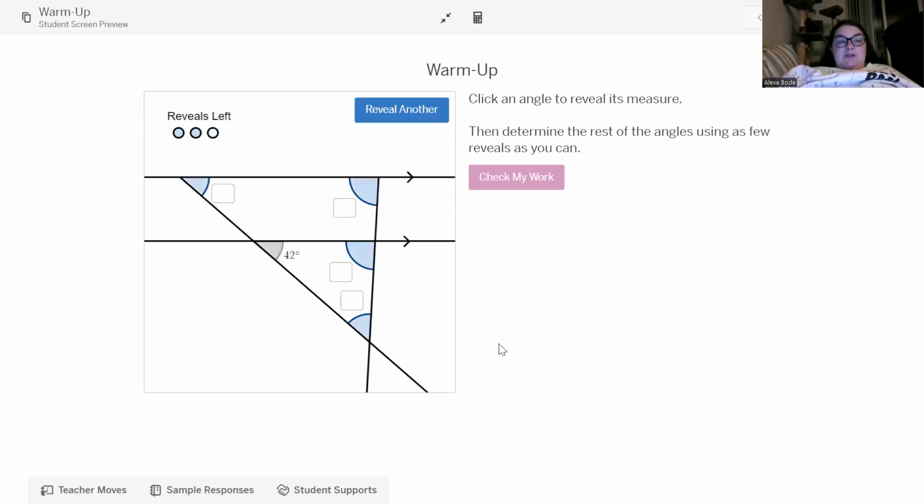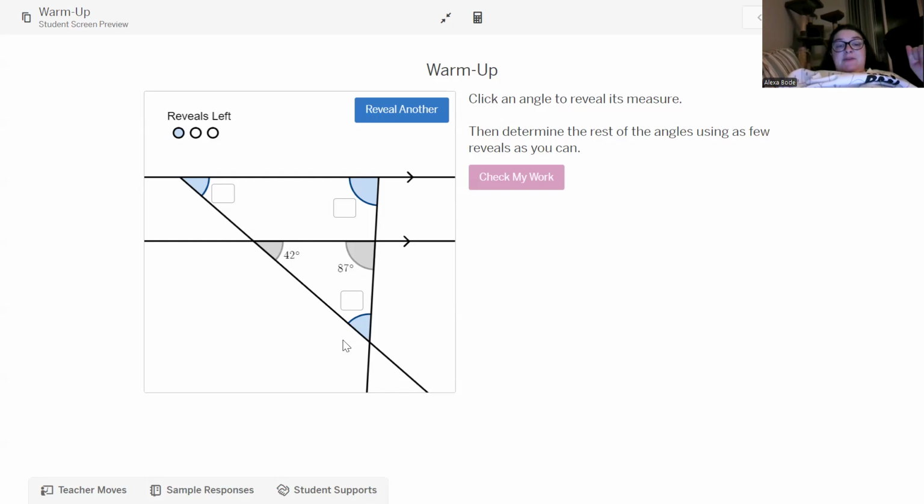So I'm going to select this one here, 42 degrees, and I am also going to select this one here. This cannot be done with only one reveal, but it can be done with two. So I did 42 and 87.